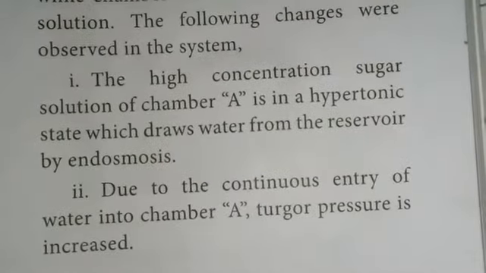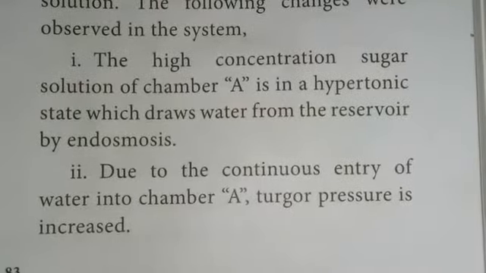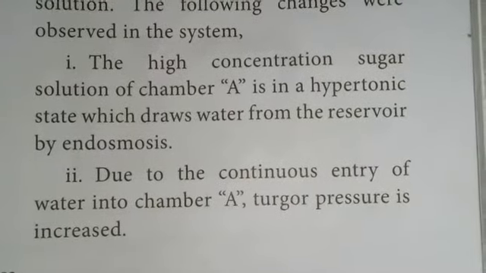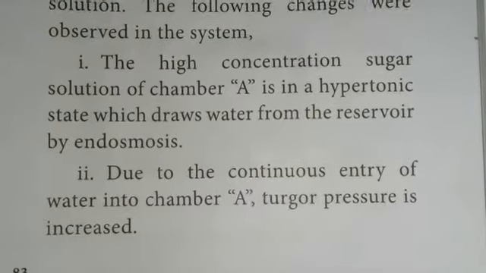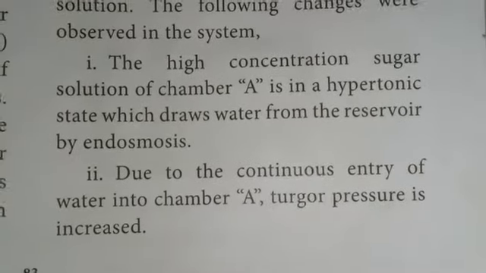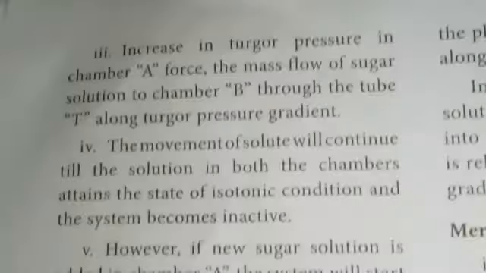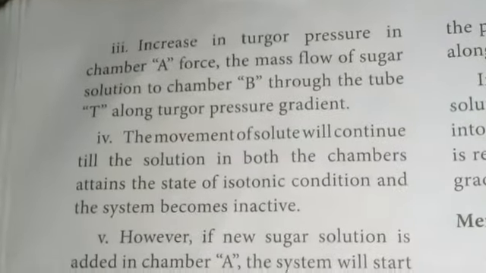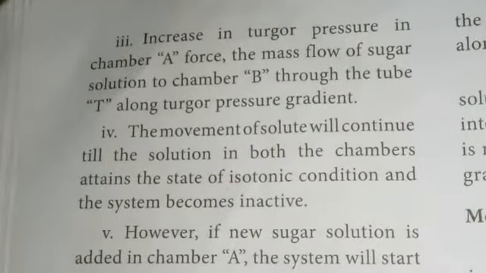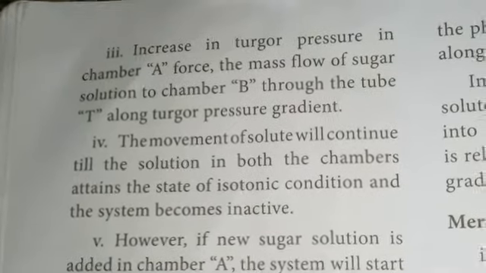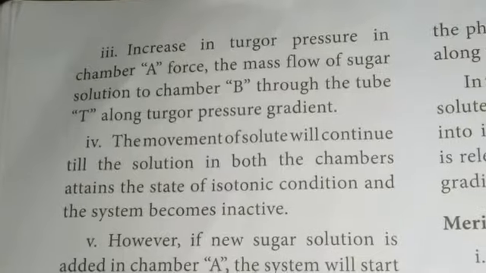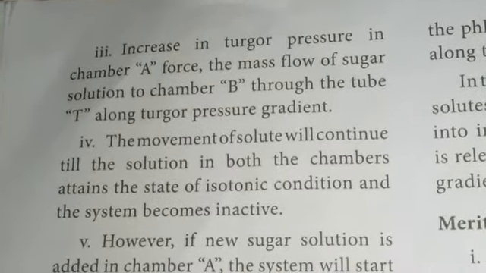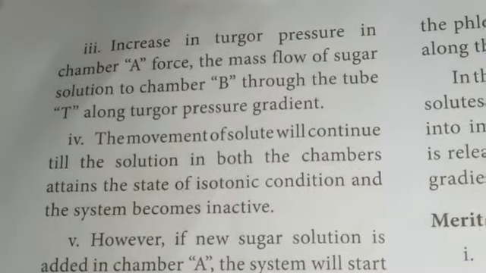The continuous entry of water into chamber A causes the turgor pressure to increase. Due to the increase in turgor pressure in chamber A, mass flow of sugar solution to chamber B takes place through the T tube along the turgor pressure gradient.